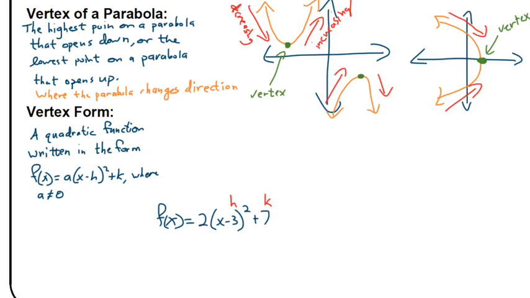Your vertex is at h, k. Now, remember, everything in the parentheses is backwards. Another way of thinking about it: you notice how the equation has that little negative right there? So when you pull out h, you have to flip it. So for this one, the vertex is at positive 3, 7.